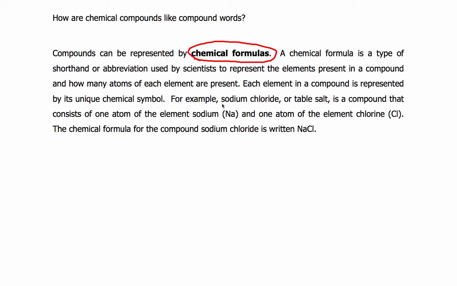For example, sodium chloride, which is table salt, is a compound that consists of one atom of the element sodium and one atom of the element chlorine. The chemical formula for the compound sodium chloride is written like this. So, let me get a different color here.